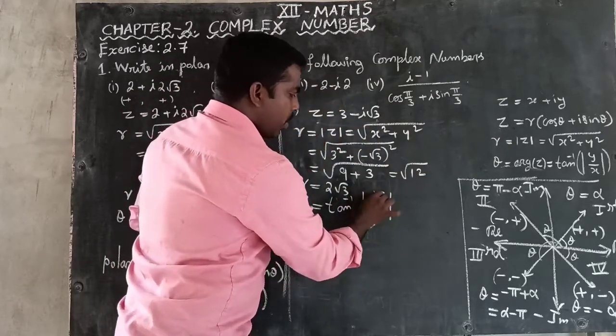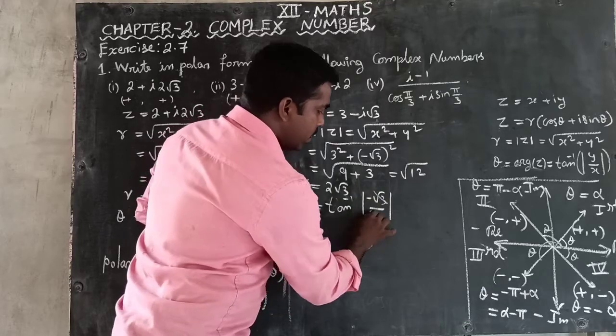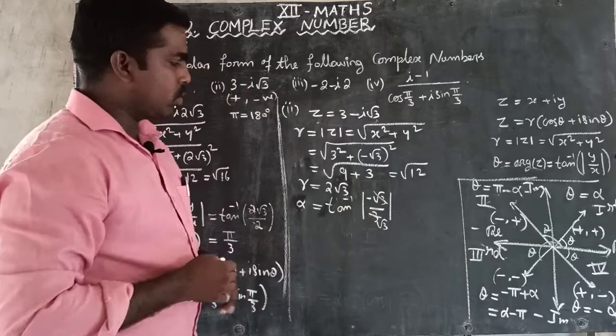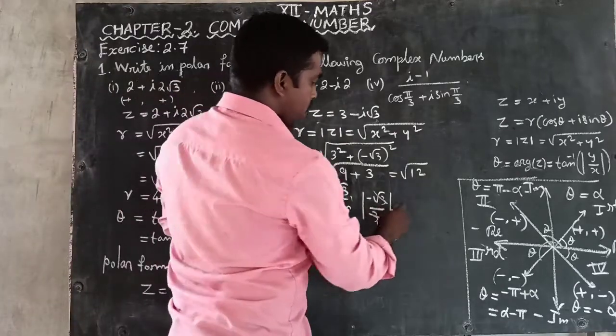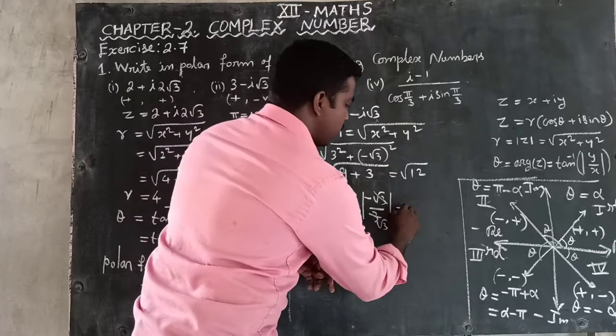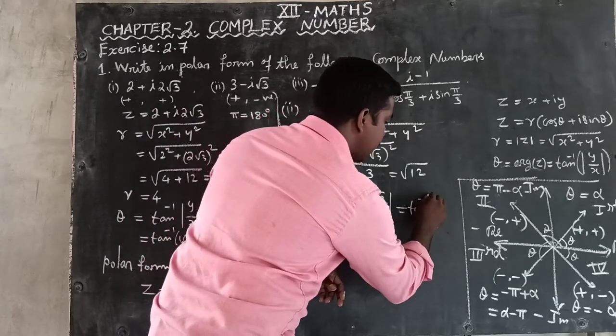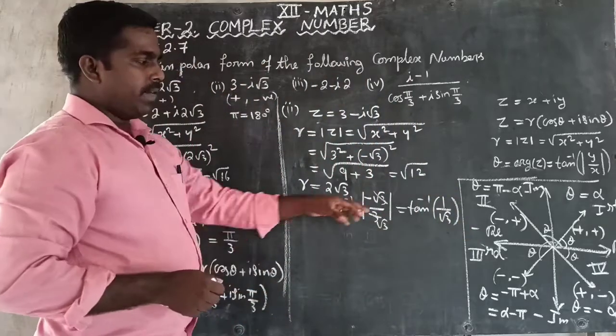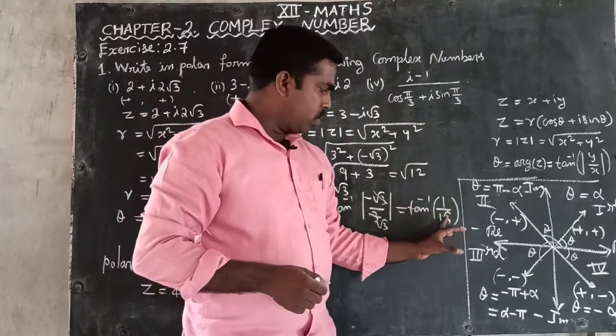So now I can cancel the root 3. So numerator root 3 cancel. In denominator we have root 3. The minus will be cancelled because of modulus. So tan inverse of 1 by root 3. Finally we have tan inverse of 1 by root 3.